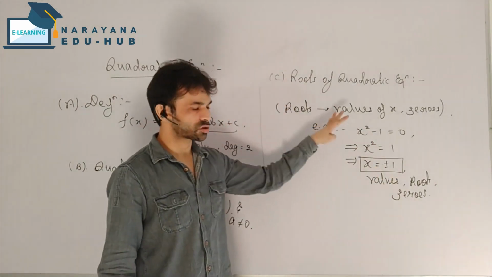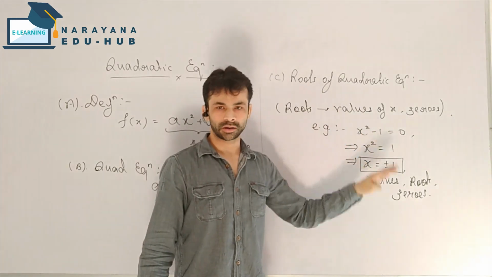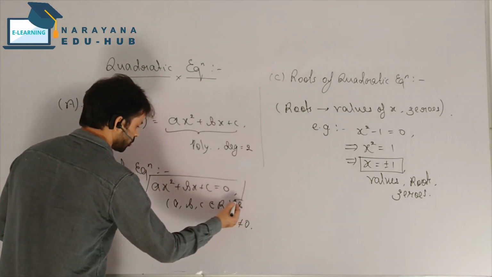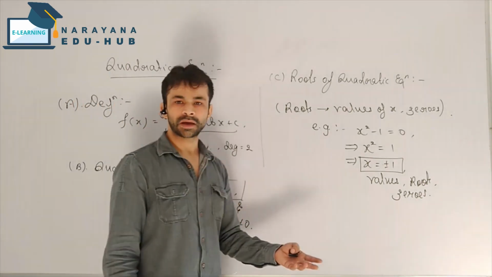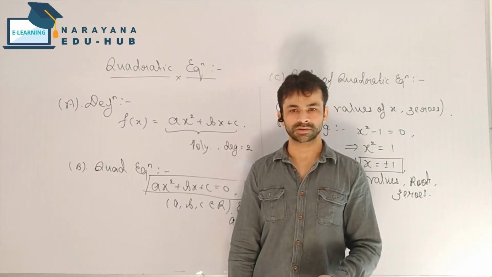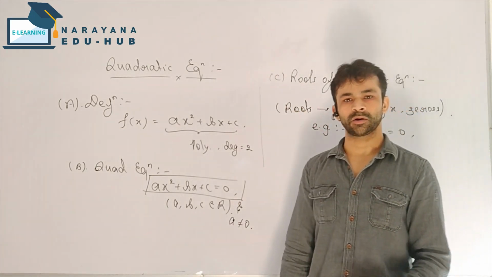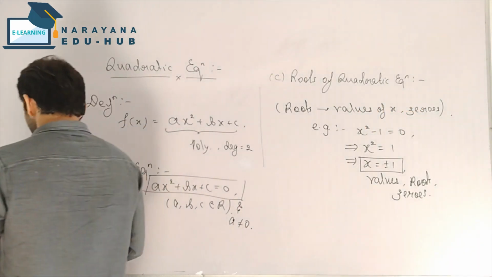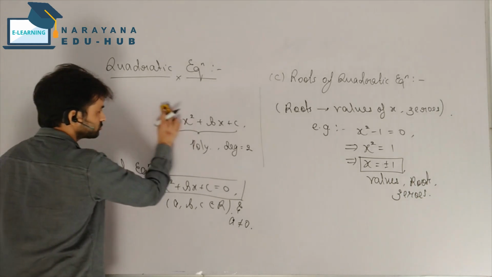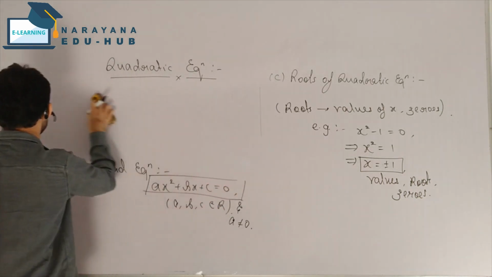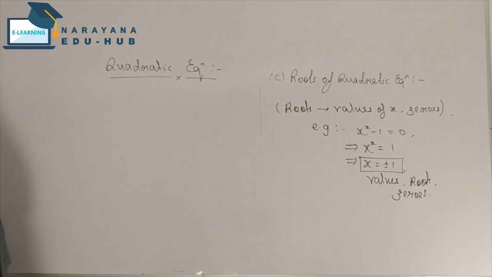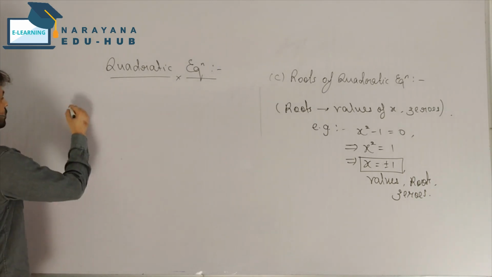Now we are talking about the roots of some general quadratic. This was the general quadratic equation. Why are we saying general? Because a can be anything, b can be anything, c can be anything, but a cannot be 0. Obviously, I told you the reason why a cannot be 0. Now we have to find the roots.